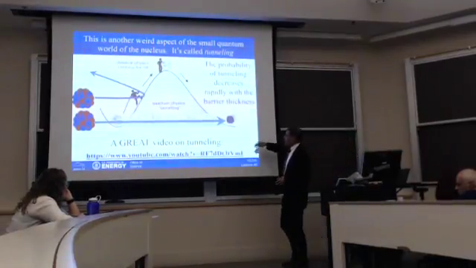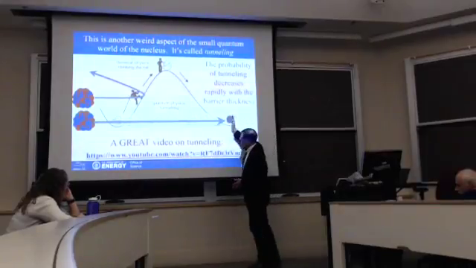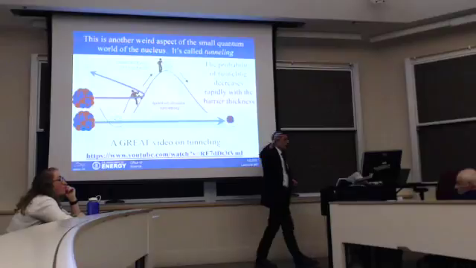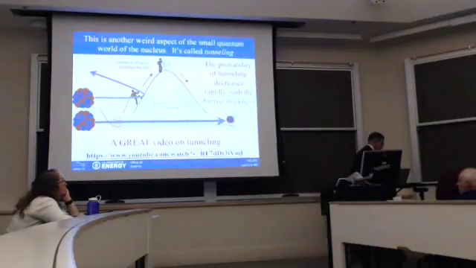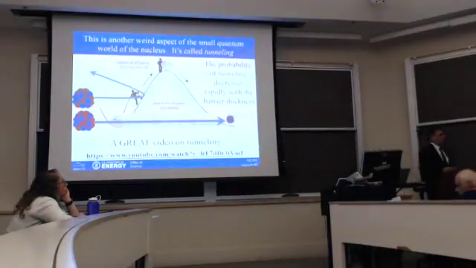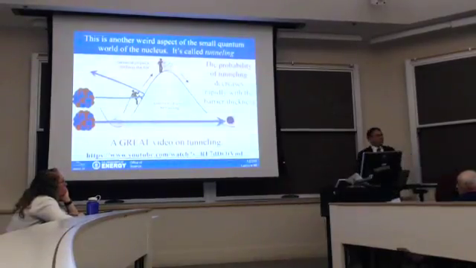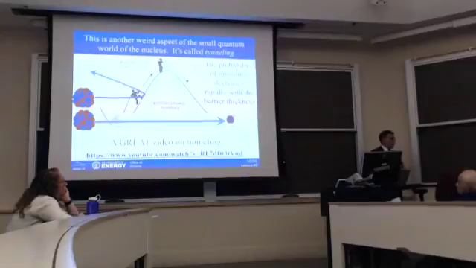There is a small probability that if I throw a rock at a hill, it will appear on the other side. Of course, in the classical, macroscopic world, the probability for that to happen is really zero. In the subatomic world, that happens from time to time, very, very rarely.